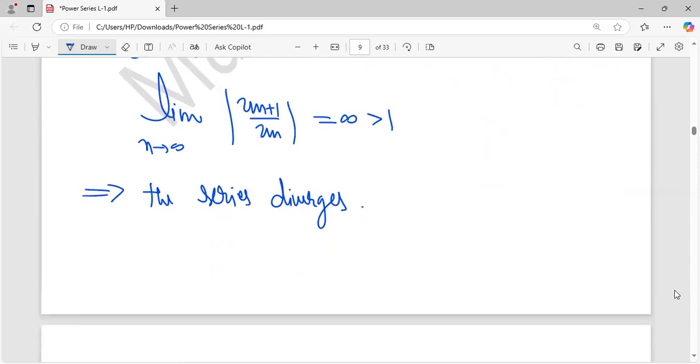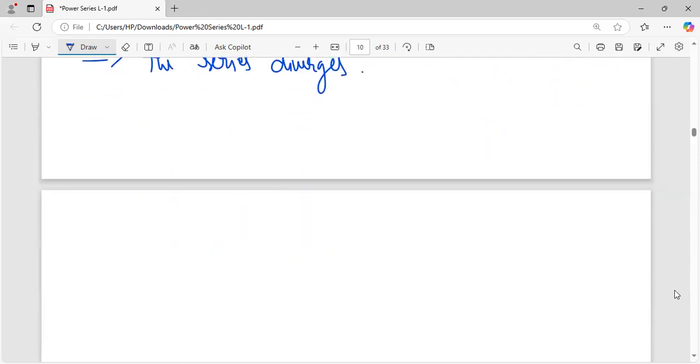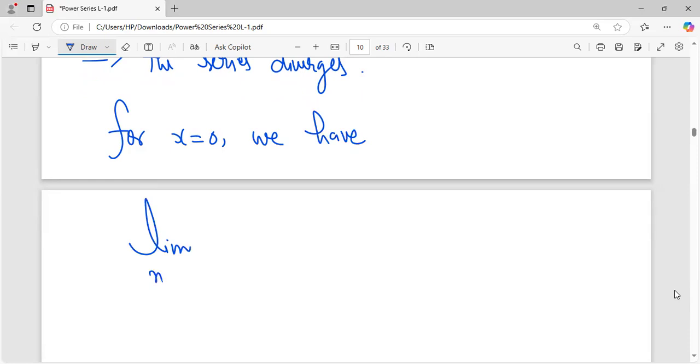For x is equal to 0, we have the limit n tending to infinity un plus 1 upon un, that is 0.